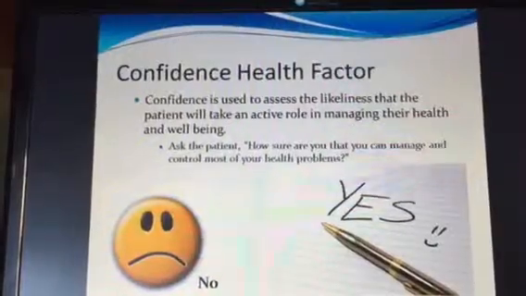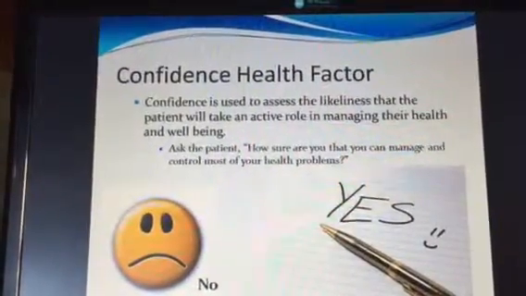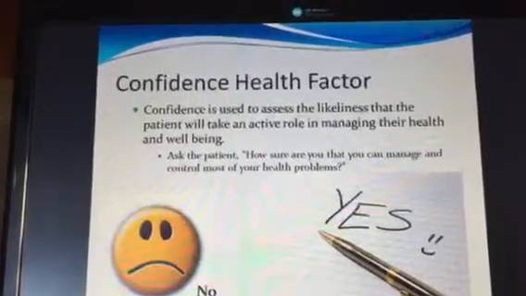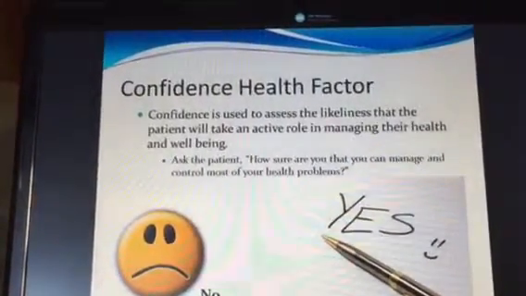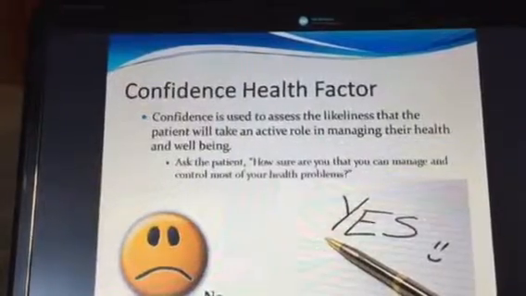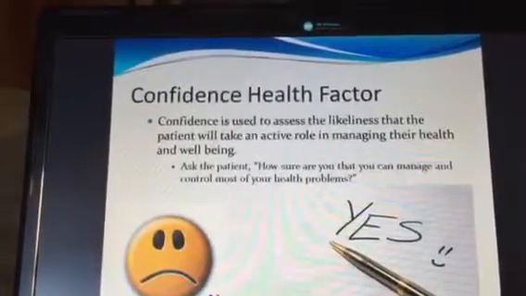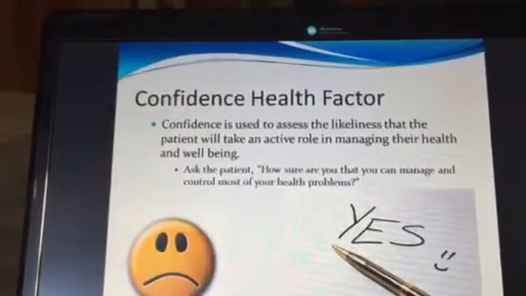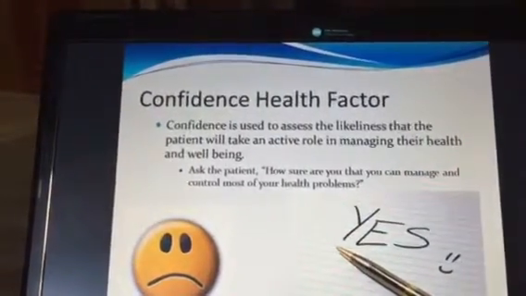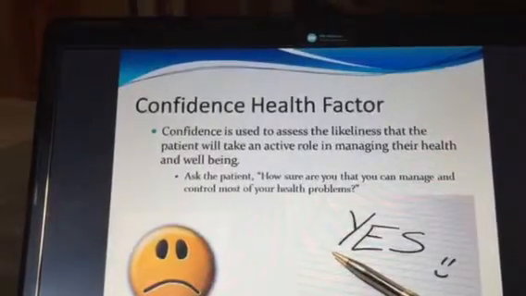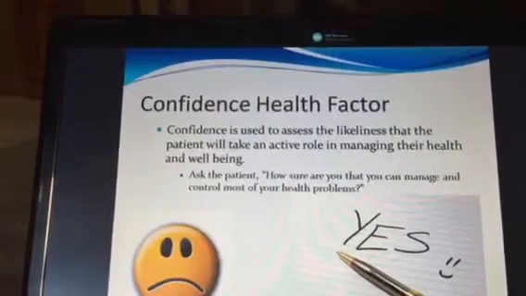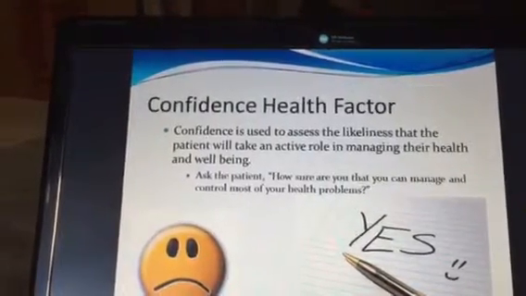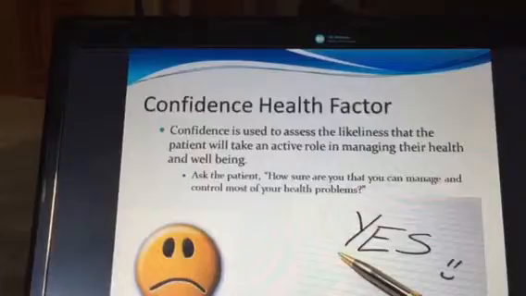If you're finding that that person is having difficulty managing this disease, there are probably other issues that need to be addressed, and one of them might be the need for navigation and the need to really take the patient by the hand and ask them questions about how comfortable they are receiving the information and why it's difficult.